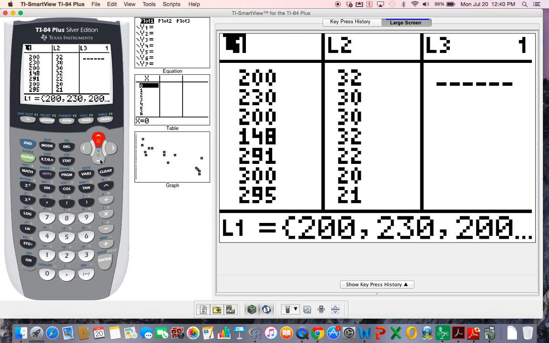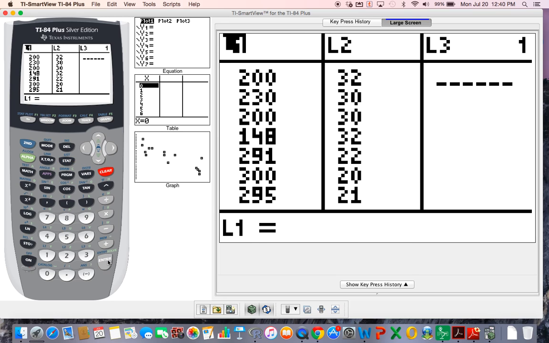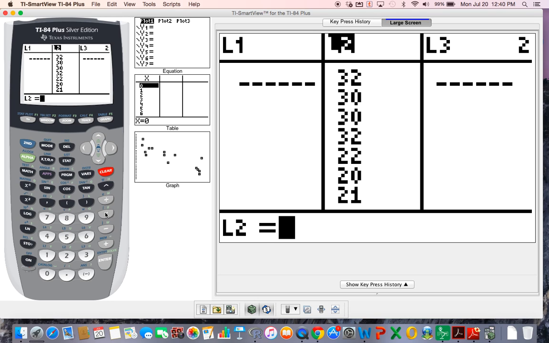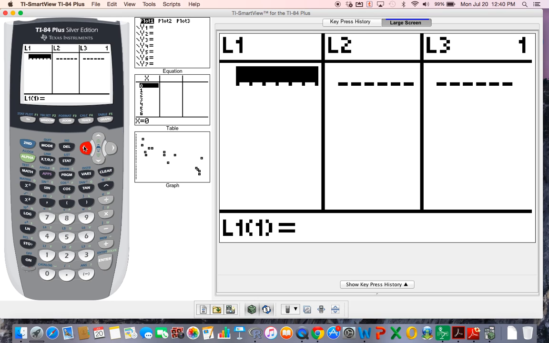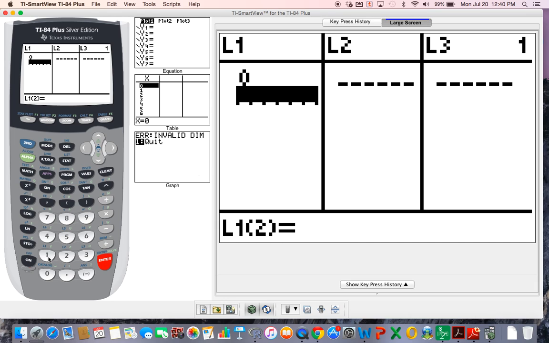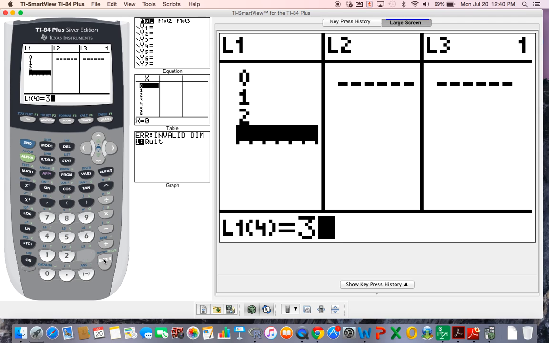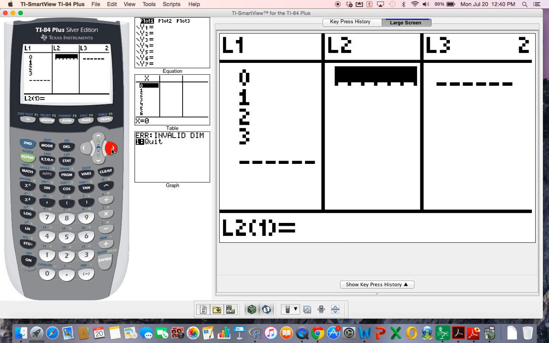I've got some data in there previously, so I'll clear and enter to get rid of those. Clear, enter, get rid of those. And now I just want to type my x's and y's. So my x's were 0, 1, 2, 3, 4. No, they weren't. They were 0, 1, 2, 3. And my y values were 1, 4, 3, 8.